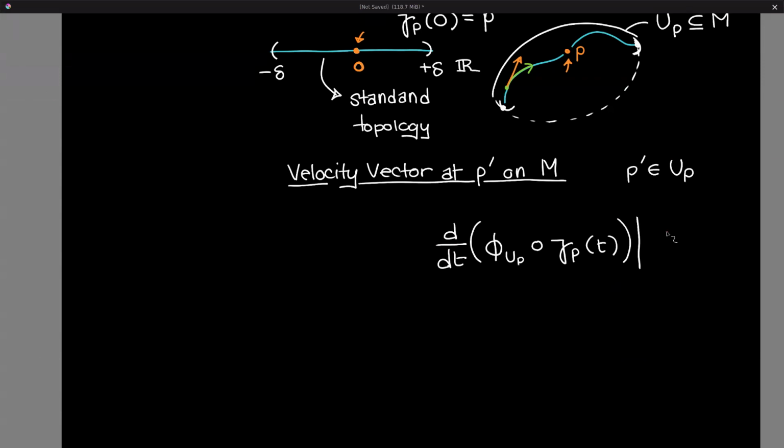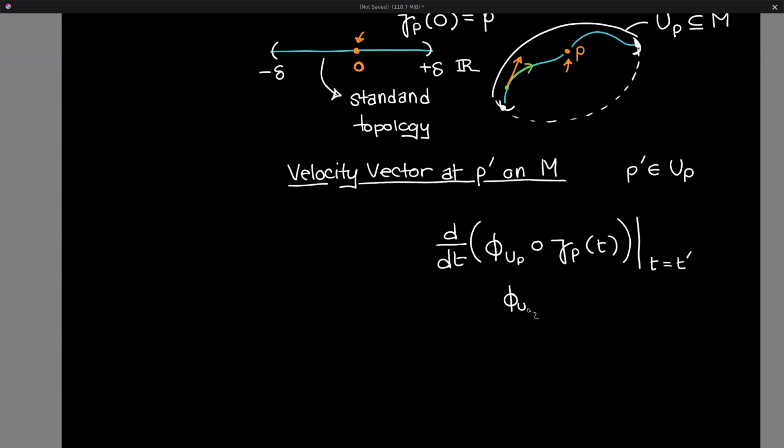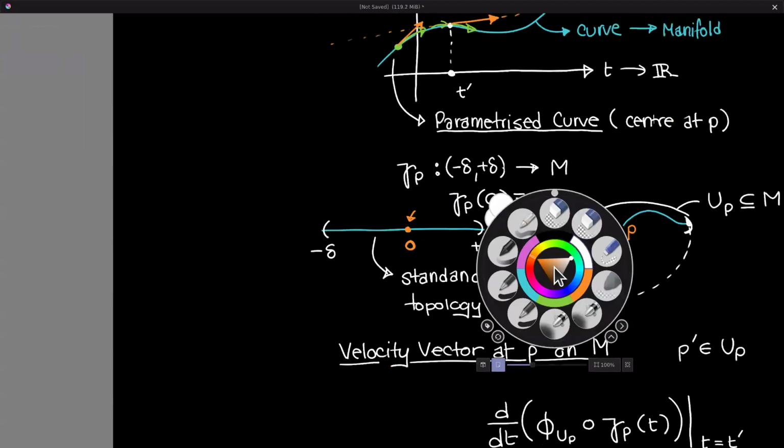And in order to take its derivative at a certain point, we just say that we'll take t equal to t prime, where phi_U of t prime is equal to p prime.